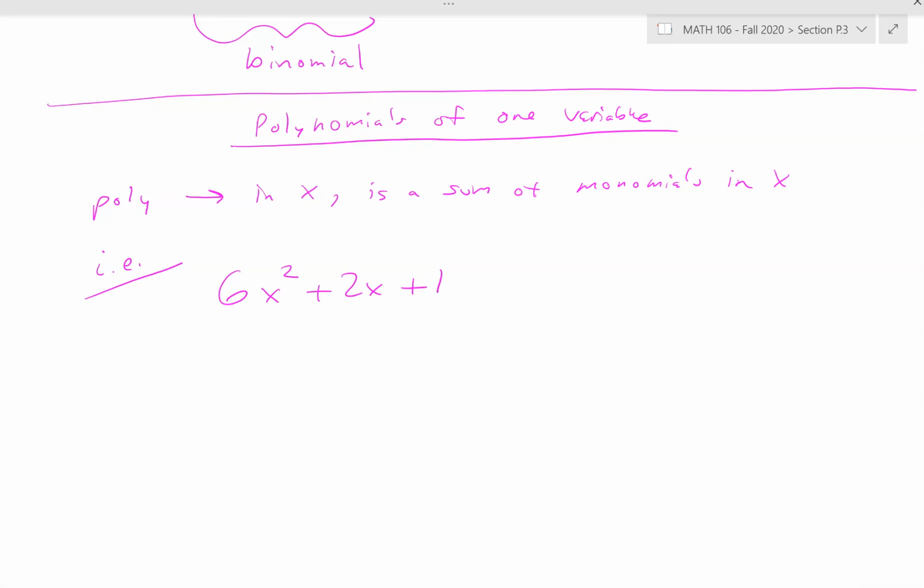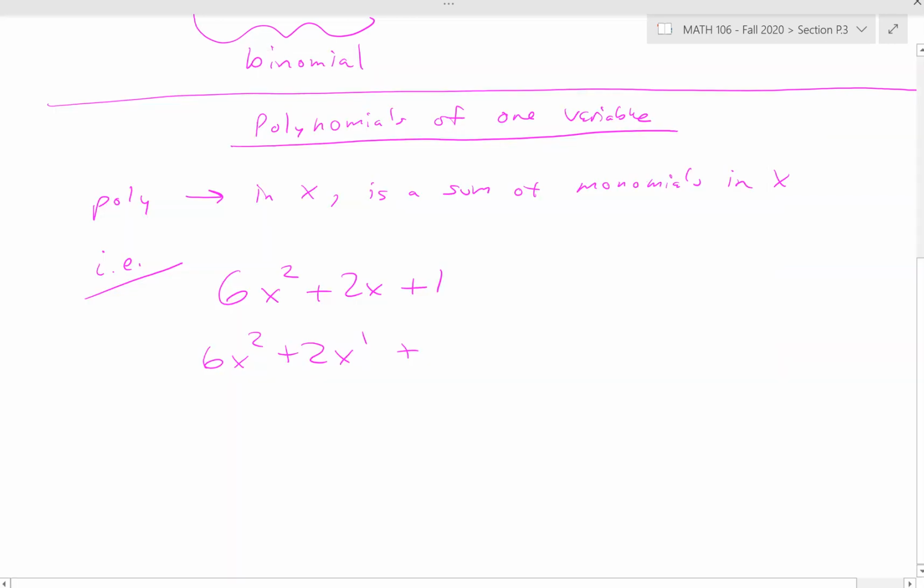It's a quadratic polynomial, right? Because the highest degree is 2, but it also has all the other degrees. So you have 6x squared plus 2x. Now really, we never just leave the 1 as an exponent, but 2x is really 2x to the first power. And then how about this 1 at the end here? Is there an x term there? Doesn't look like it, but there is one hiding there.